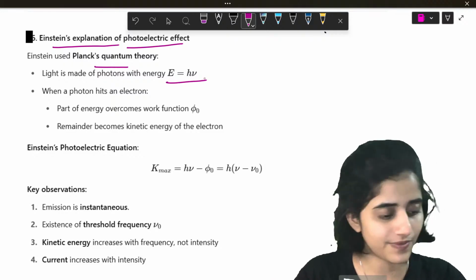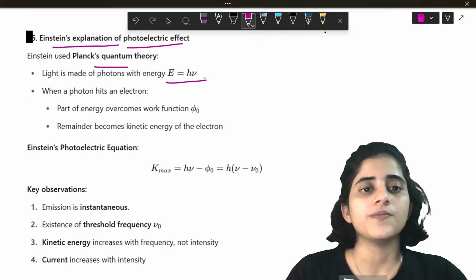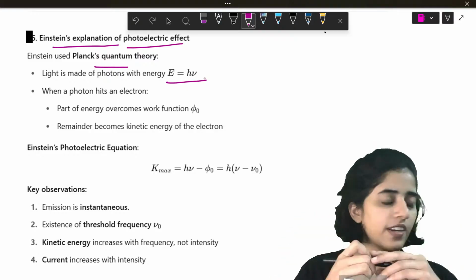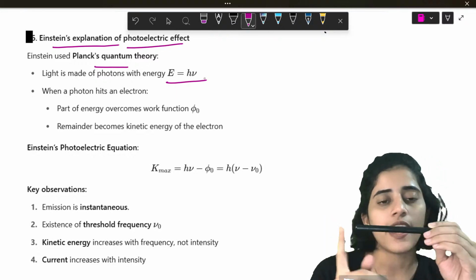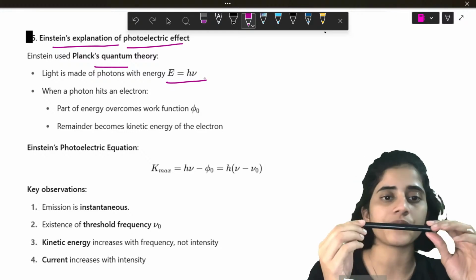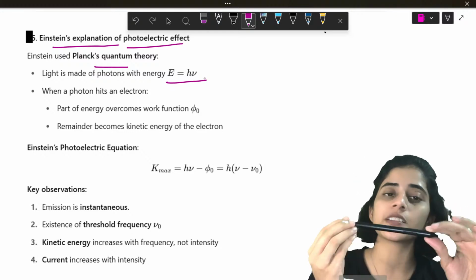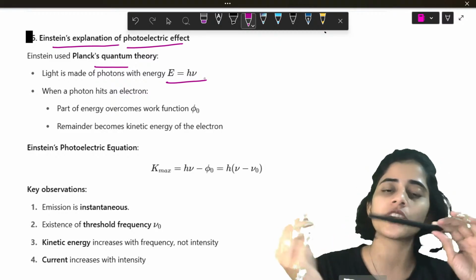Okay, and so let's say you have a ray of light. This is a ray of light. This light is made out of so many photons. Each of these photons has an energy of h nu.